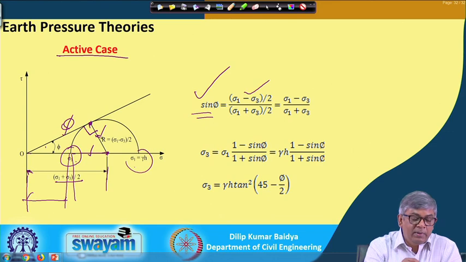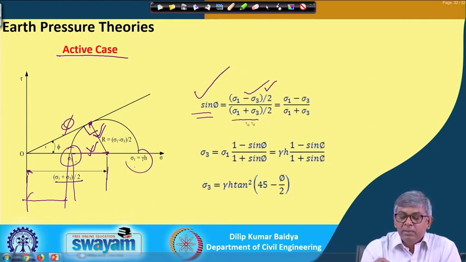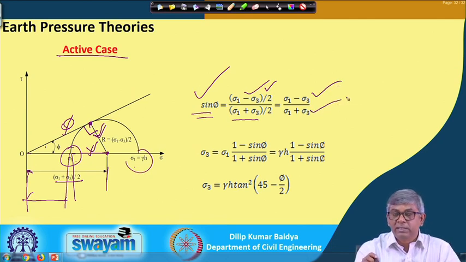So, sin phi is sigma 1 minus sigma 3 by 2 divided by sigma 1 plus sigma 3 by 2, and if I simplify, it becomes sigma 1 minus sigma 3 by sigma 1 plus sigma 3.